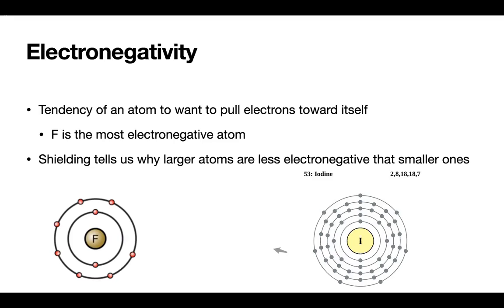And while iodine is in the halogens and it's all the way to the right, it is less electronegative because for it to attract another electron, that positive charge has to work through all those electrons. Whereas on the F, the nucleus, the positively charged center, is more exposed to the electrons it wants to take in.